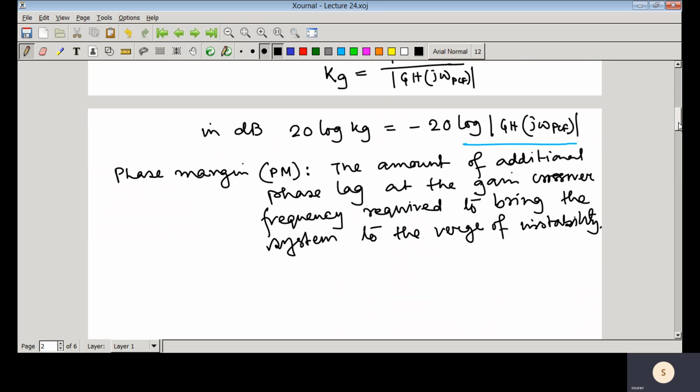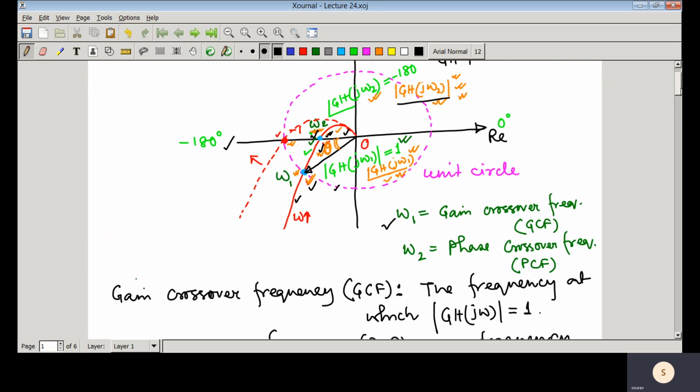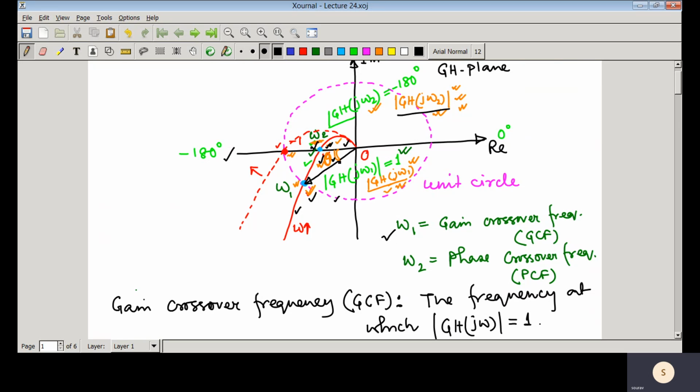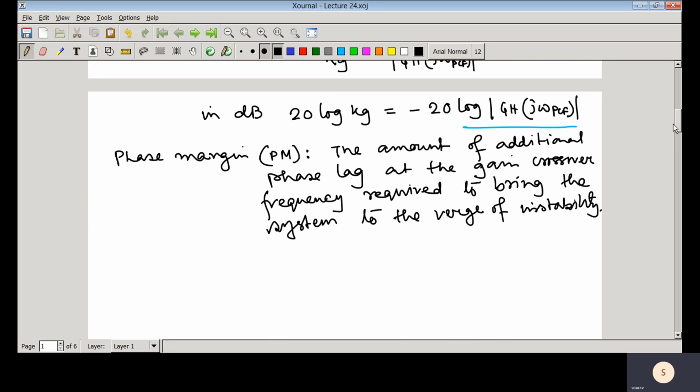So here we have seen the amount of additional phase lag at the gain crossover frequency required to bring the system to the verge of instability. You can see this is that theta. If you add this theta at the gain crossover frequency, then this Nyquist plot would come to the critical point. That means it would be on the verge of instability. So this is called the phase margin.